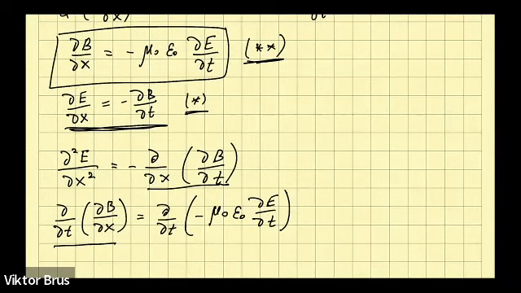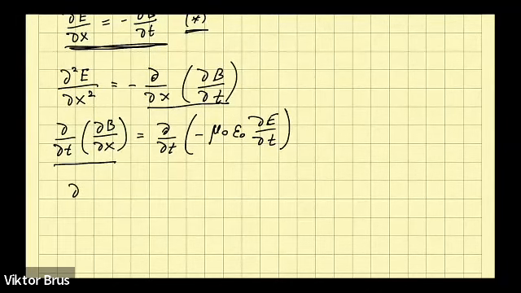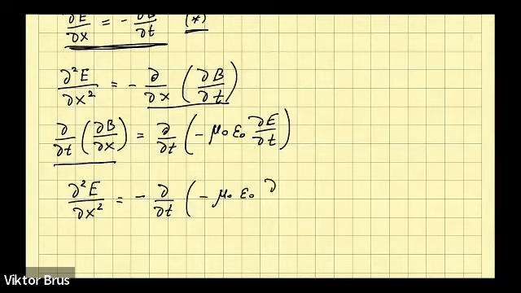That's why, based on these two equations, the second partial derivative of electric field over position should be equal to mu naught times epsilon naught times the second partial derivative of electric field over time.